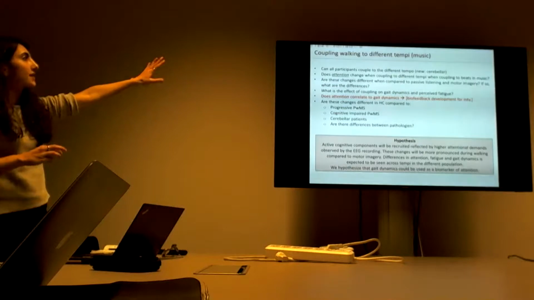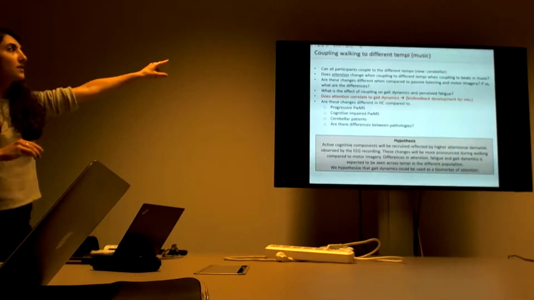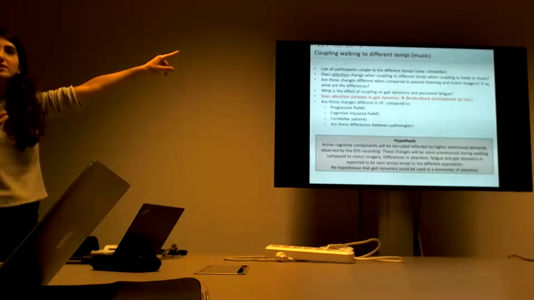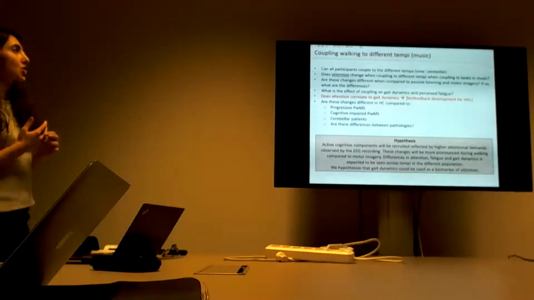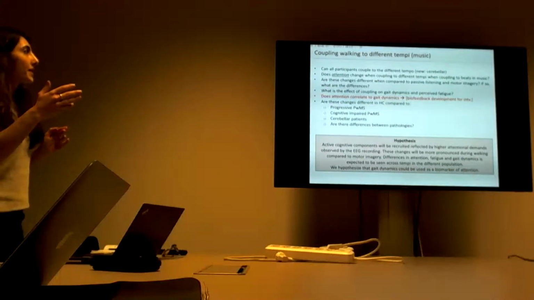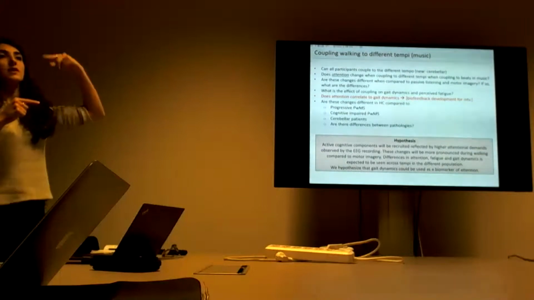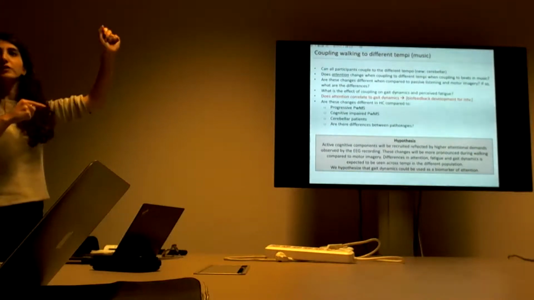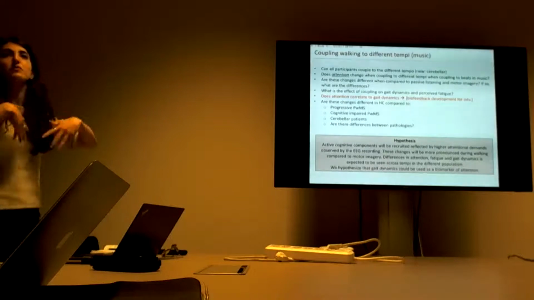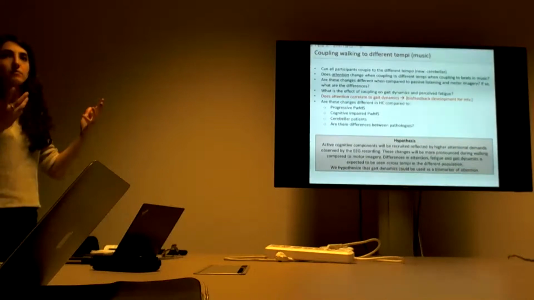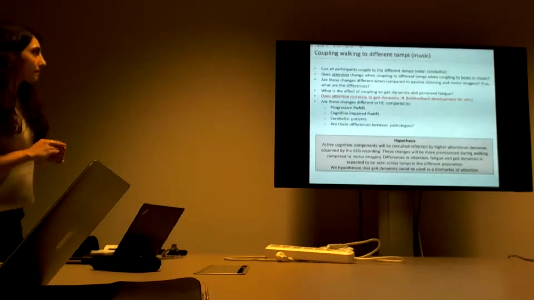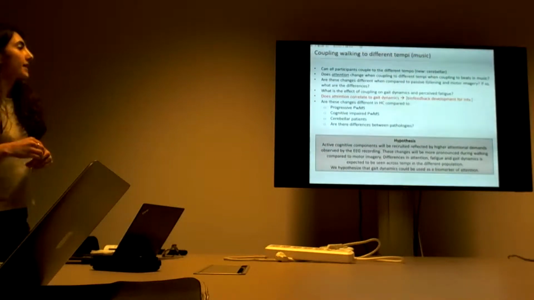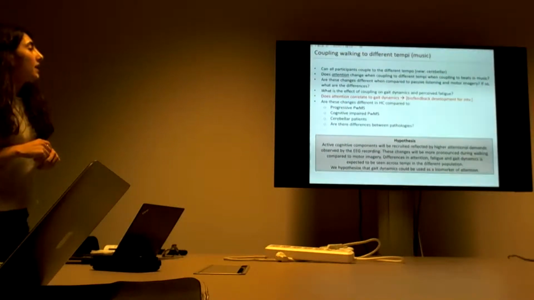The first question is, can all participants couple? The cerebellar patients are new to us, so this is also a new question. Does attention then change across the tempi, and is it different than motor imagery or not? So is it different between moving and non-moving? Is there a difference although there's motor imagery? And what is the effect of coupling on gait dynamics and perceived fatigue?